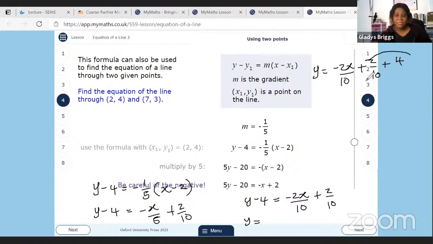And you can simplify this one. y is equal to, I didn't even have to times this one. It can still be minus 1 over 5x. Okay. What is 2 over 10 plus 4? Put that into your calculator for me. Or 1 over 5 plus 4. Yeah. 4.2.